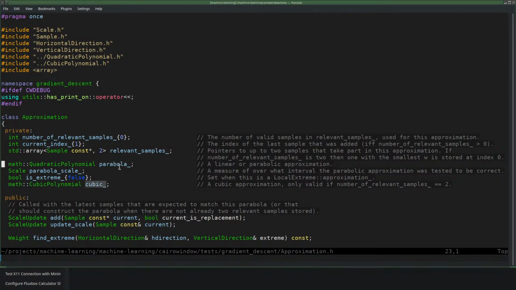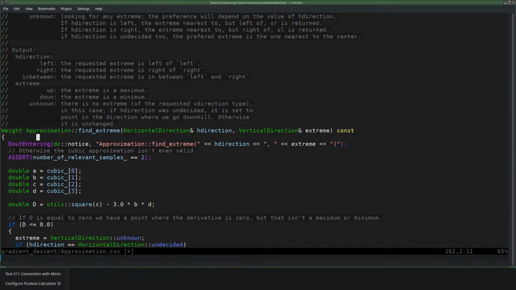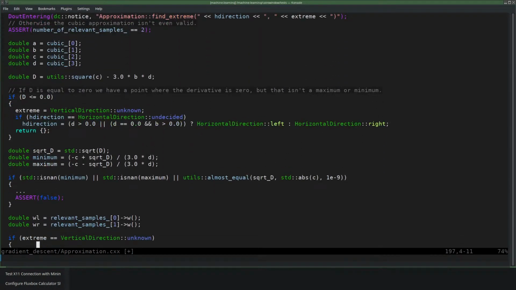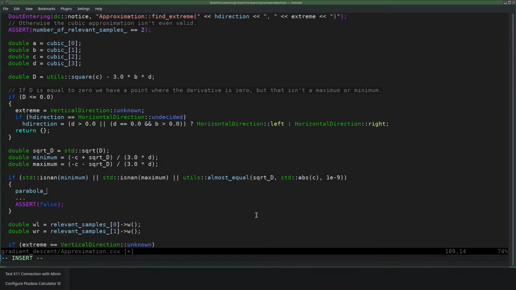Instead of the cubic, we use the parabola. And then we have to do something that still kind of mimics the idea behind this function.